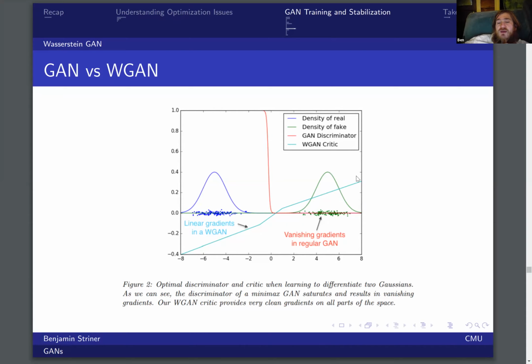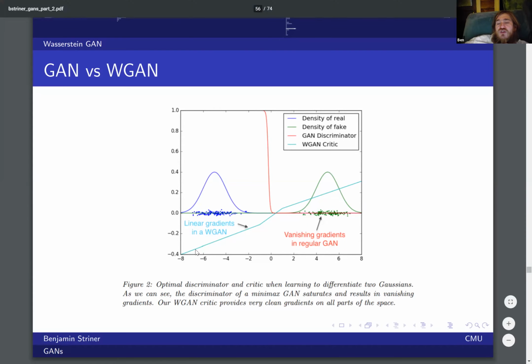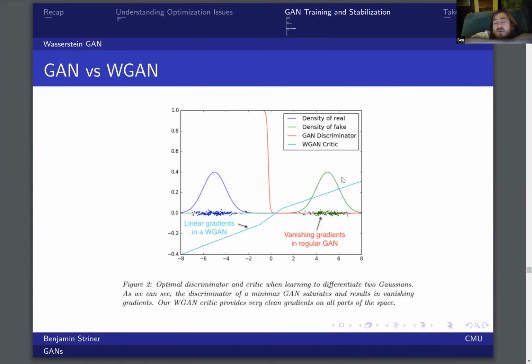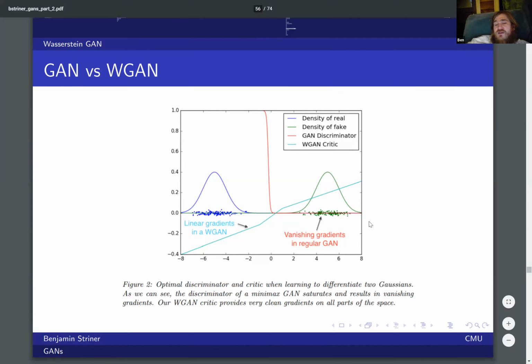So WGAN doesn't go as sharp. By definition, WGAN has a Lipschitz upper limit, so you're not going to end up with these vertical lines, and the vertical lines cause these horizontal lines next to them where you really don't have information.